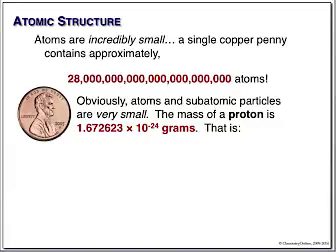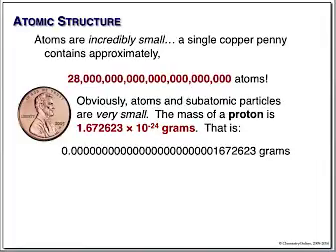Now, we're going to talk about scientific notation today, but this is a number that looks like this. We have 3 zeros in front, put our decimal here, and this is 10 to the minus 24. Very, very small mass.